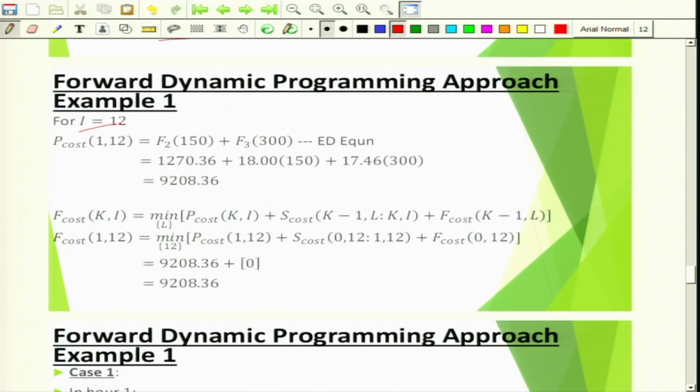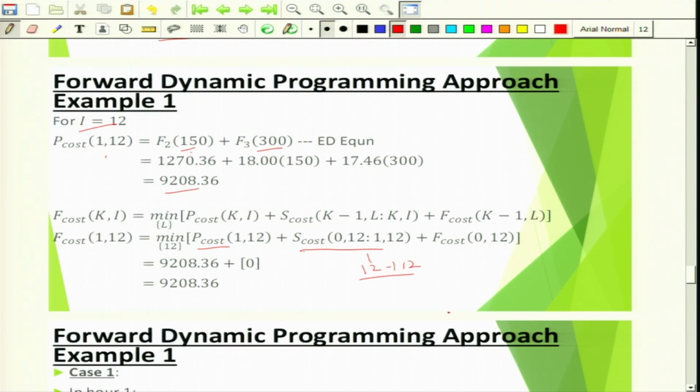And again you do it for the last feasible option, which is I is equal to 12. And I is equal to 12, it's very simple now. You need to meet the load using unit 2 and unit 3. Unit 3 is 300 maximum, remaining you give to unit 2. You get some number again. There is no transition cost, because the previous feasible state was 12, and now we are checking the feasible state which is 12.